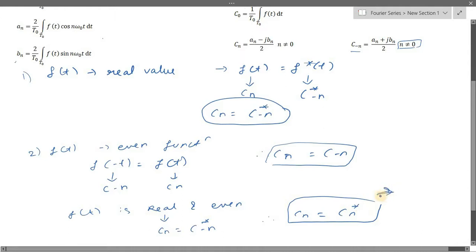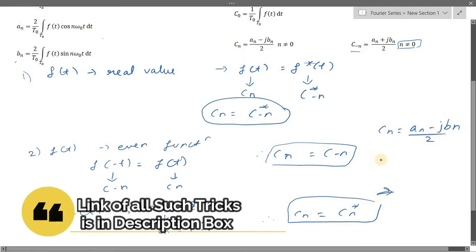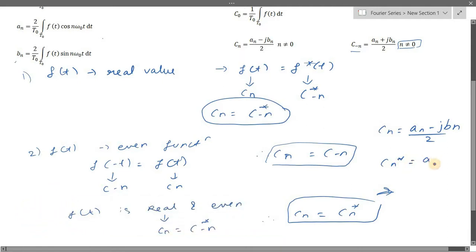Now if you elaborate this, your c of n is basically a of n minus j b of n by 2, right? Your c of n conjugate you will get by just replacing j with minus j, so it will be a n by 2 plus j b n by 2.